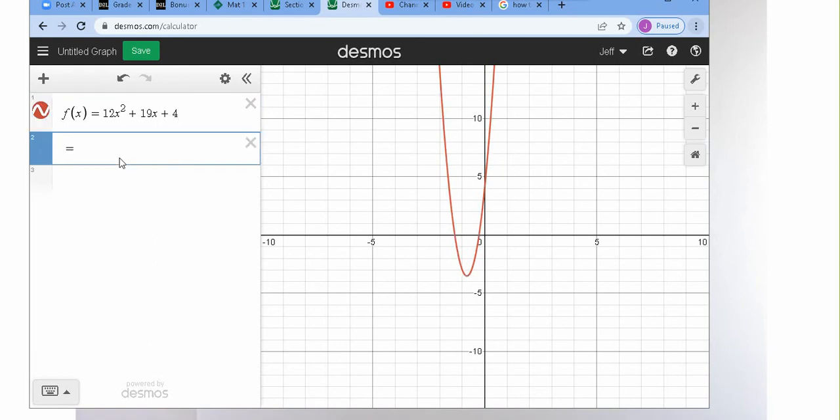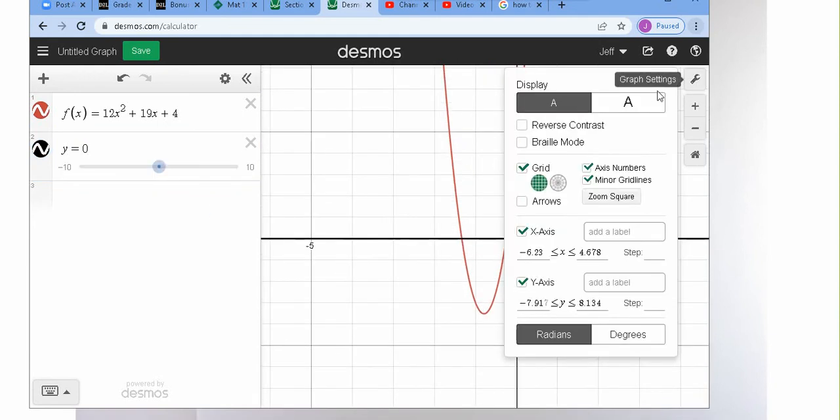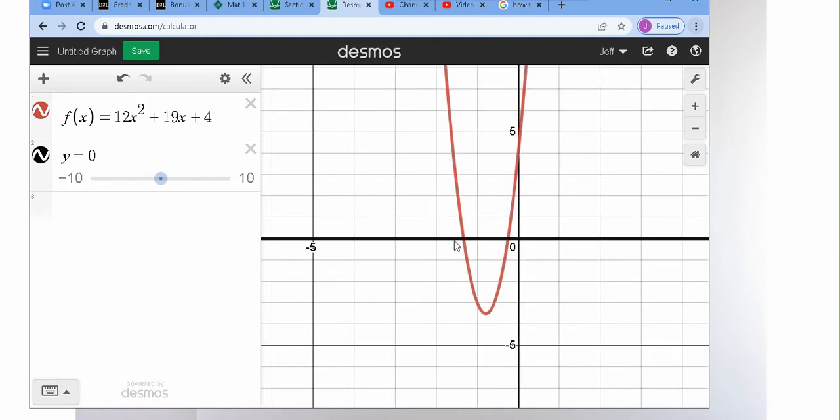So basically I want to know where it crosses this line here. Now, I didn't need to put in the line y equals 0, it's just the x-axis. I wanted to make it pretty clear though. But I think I can figure out where that's true.